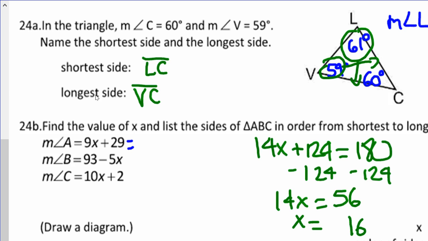So 9 times 16 plus 29 is 173, which is way too big.